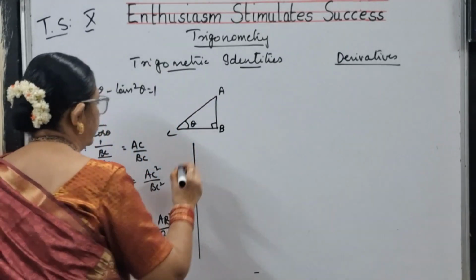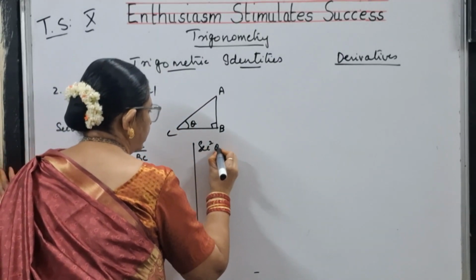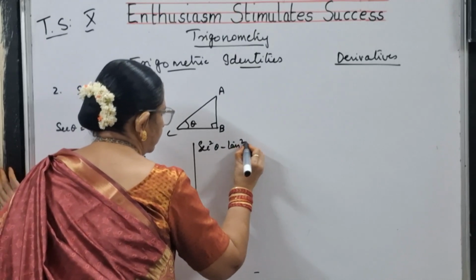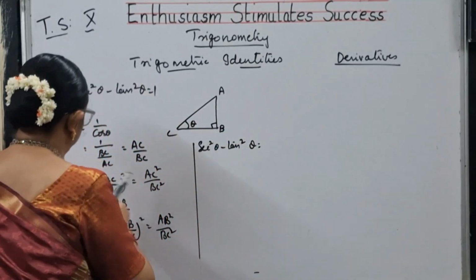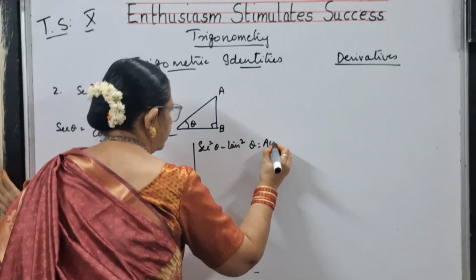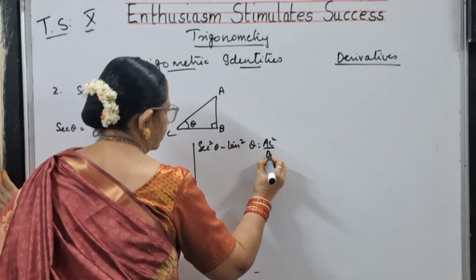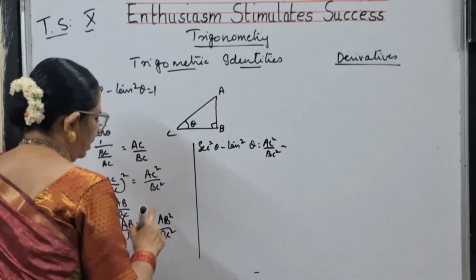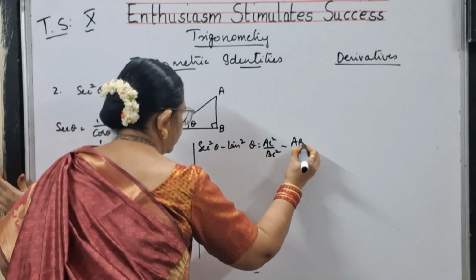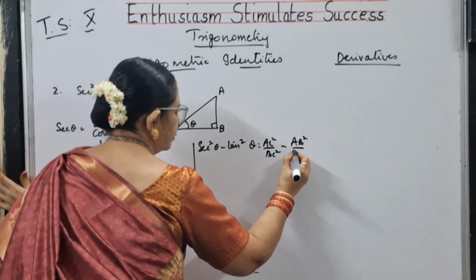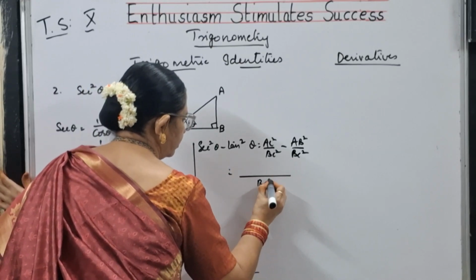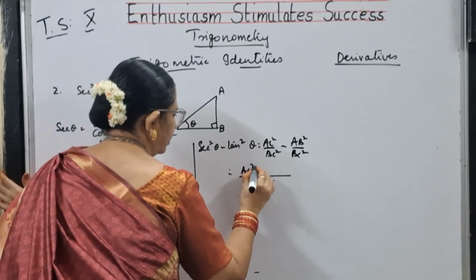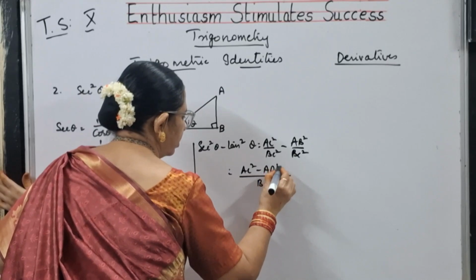So let us go for secant square theta minus tan square theta. This is equal to secant square theta, AC square by BC square, minus tan square theta, AB square by BC square. So here you will be getting LCM BC square, numerator AC square minus AB square.